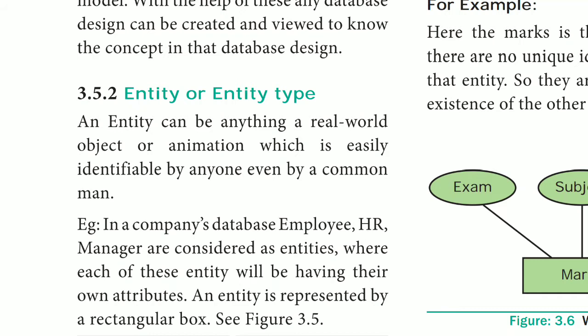If there are no passengers, then the project is a waste. The next entities are bus, travels, and the route. These are all the entities related to that project. Likewise, you can create any kind of entity involved in a real world activity.